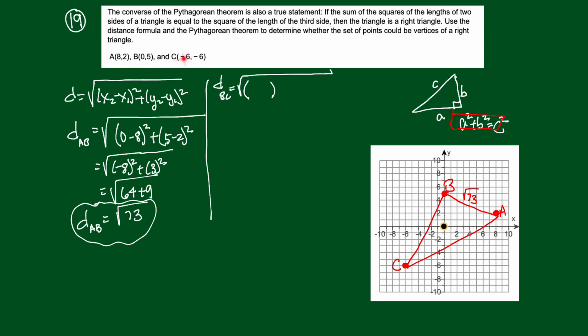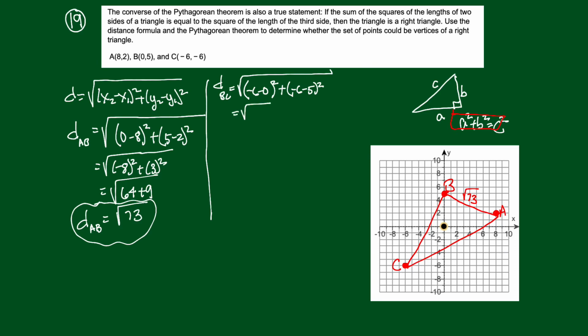So it's going to be second minus first. So it's going to be negative 6 minus 0 squared plus, now the second y, right? Second y minus first y. So the second y is negative 6 minus the first y, which is 5. So this is going to be negative 6 minus 5 squared.